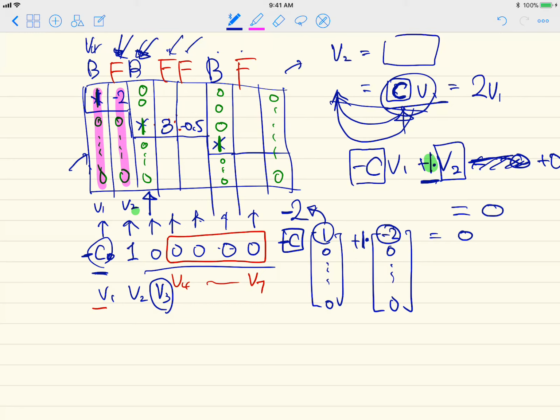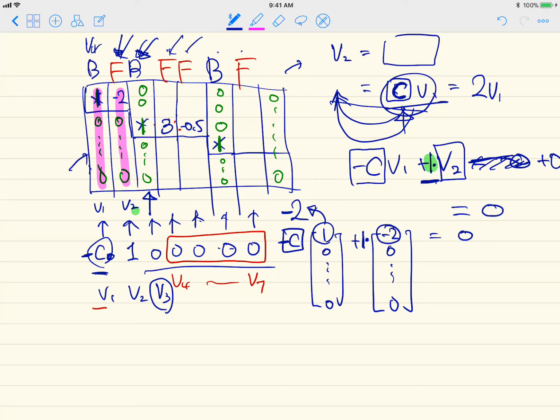Because this one is a basic variable, it will not be inside the span of the previous vectors. So far we had one vector, and the second vector belongs to the span of the previous vector, but the third vector, because it's a basic variable, will be outside of this line.